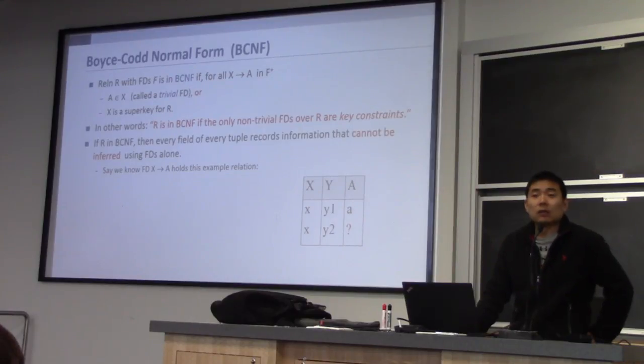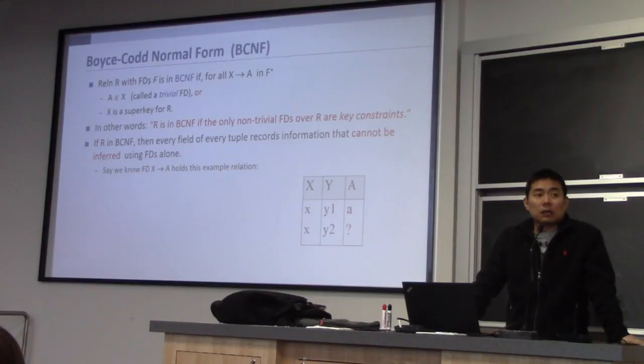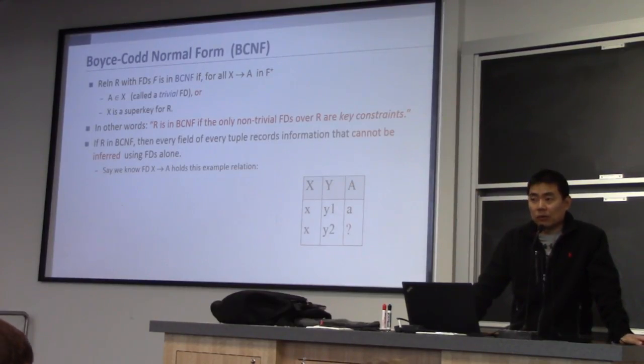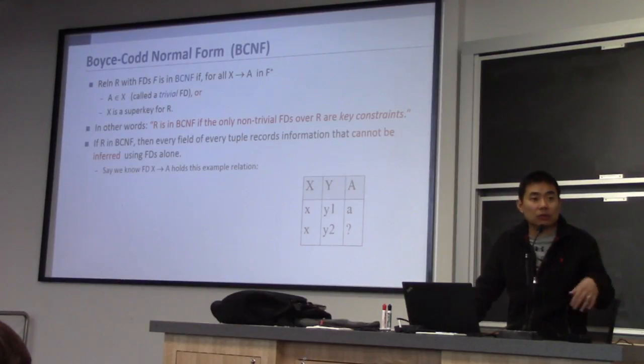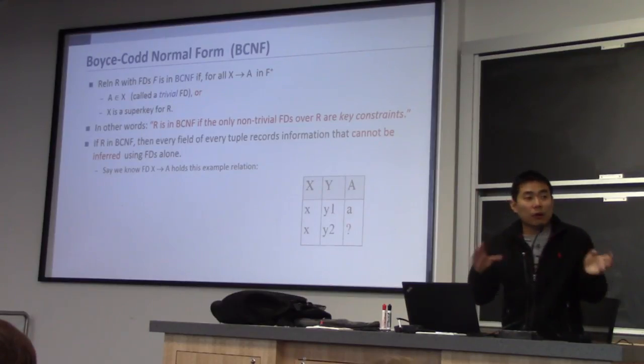In other words, BCNF, put it simply, only allows key constraints as your function dependencies. Right? BCNF only allows key constraints to be your function dependencies. That's kind of the intuition behind the definition of BCNF. This is a very intuitive definition.